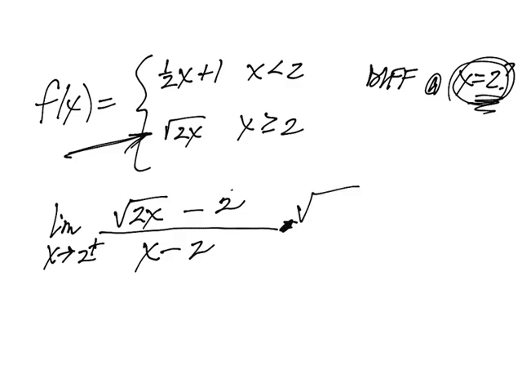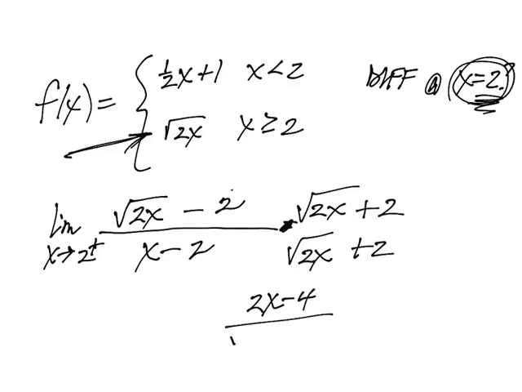So what I'm going to do is I'm going to multiply by the conjugate, just like we did back in chapter 1. And what I get when I FOIL at the top, I'm going to get 2x minus 4. And on the bottom, I get x minus 2 times root 2x plus 2. I'm going to take a 2 out of the top.